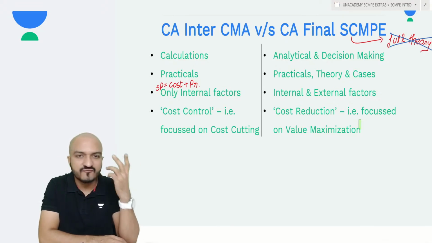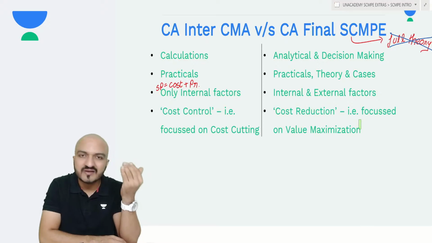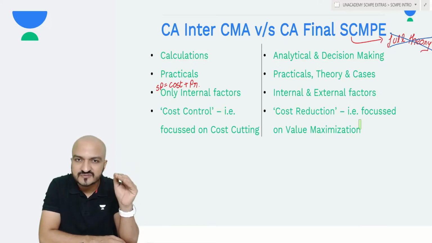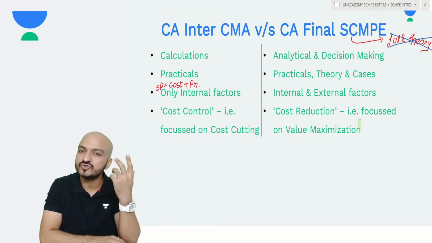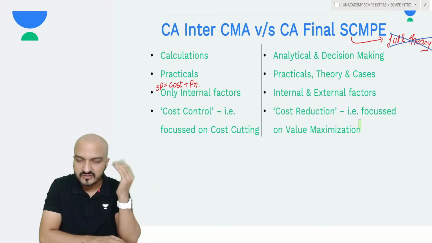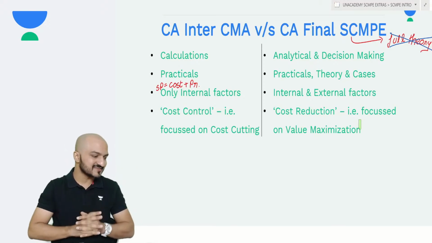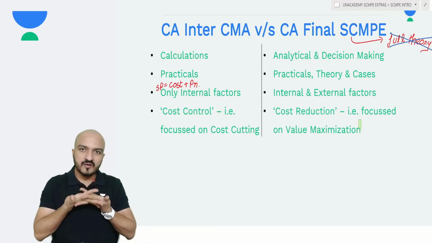Because ultimately, I have to keep the investors happy. Ultimately, I have to make money for the investors. Investors will be happy if value is created, meaning their investment value should increase. That's the purpose of CA Final costing. So this differentiates CA Inter costing versus CA Final costing.